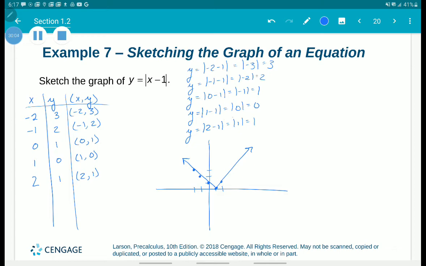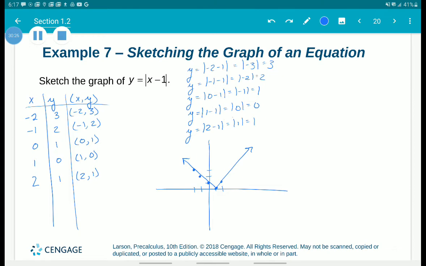Now, think about symmetry. Does this graph have any type of symmetry? Well, if we were to fold it along the x-axis, there's nothing down here to give us symmetry. So it is definitely not symmetric with respect to the x-axis. Is it symmetric with respect to the y-axis?